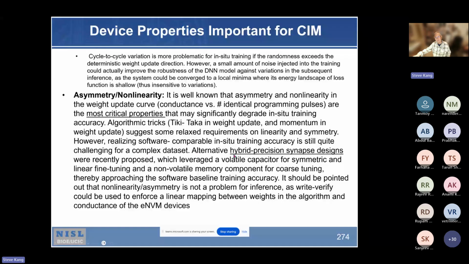Alternatively, a hybrid precision synapse design was recently proposed, which leverages a volatile capacitor for symmetric and linear fine-tuning and a non-volatile memory component for coarse tuning. So there are some techniques to mitigate such nonlinearity and asymmetry. People are working on it, which will make it more complex. But even DRAM or SRAM is quite cumbersome to design.